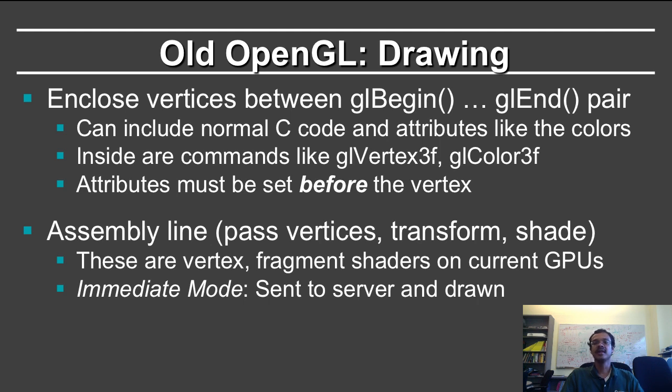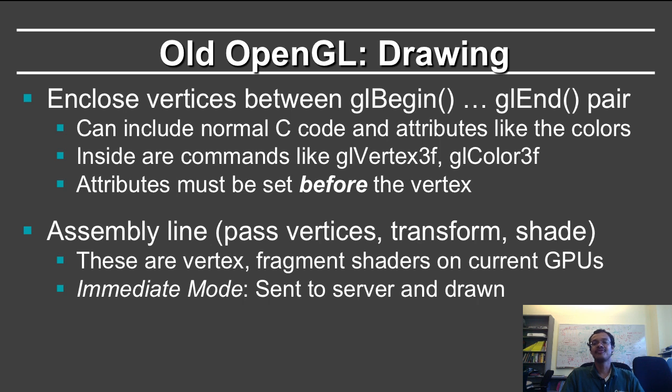In old OpenGL, you have the client-server model. The client encloses the list of vertices between a glBegin and glEnd pair. Moreover, you can include normal C code. For example, if you want to compute the vertices on a circle, you can use sines and cosines. Inside are commands like glVertex3f and glColor3f.